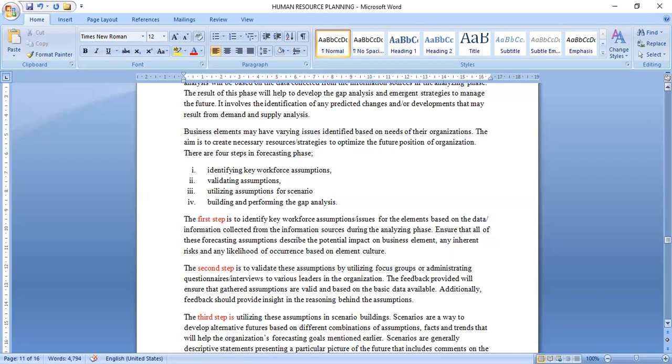For example, if the organization gets to know that the resignation rates are high, people are resigning every week, then the forecasting is that sooner or later the organization will reach a point whereby you do not have employees. So that calls for human resource planning, such that you plan for people that are going to come and replace those people that have resigned. So that is identifying key workforce assumptions using the information you've attained from the analyzing stage.